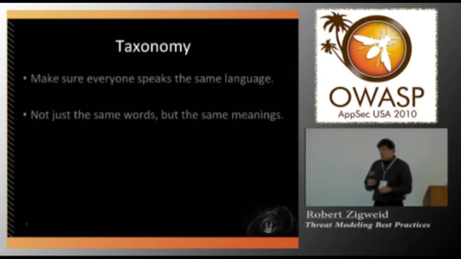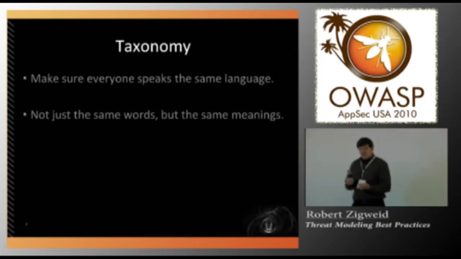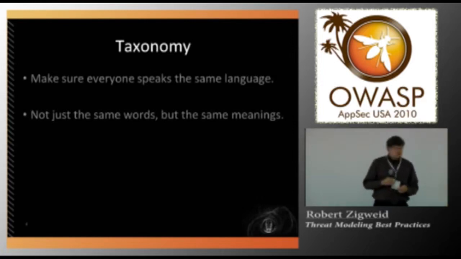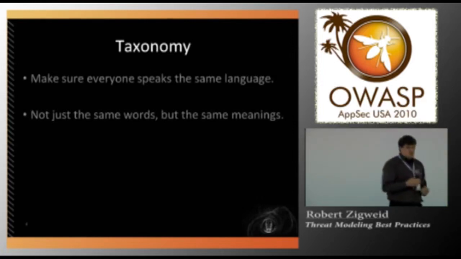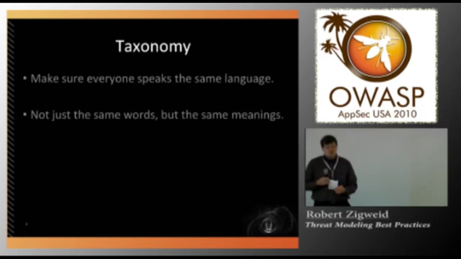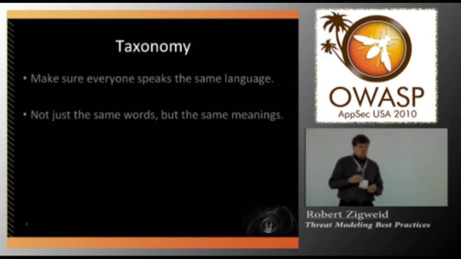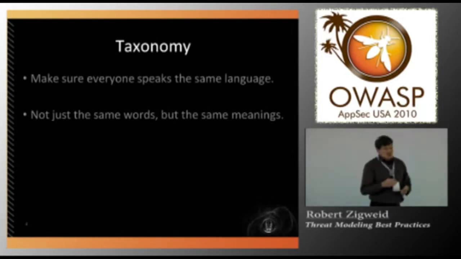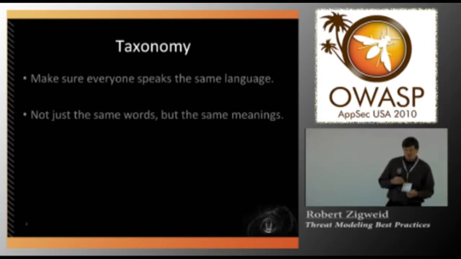As far as teams go that were mentioned, there are some very important things that you should cover with your teams. First, you need to make sure that you're talking the same language, using the same words. And then after you've decided that you're using the same words, you need to make sure your team all understand them the same ways. Asset can mean something different to one person than another.